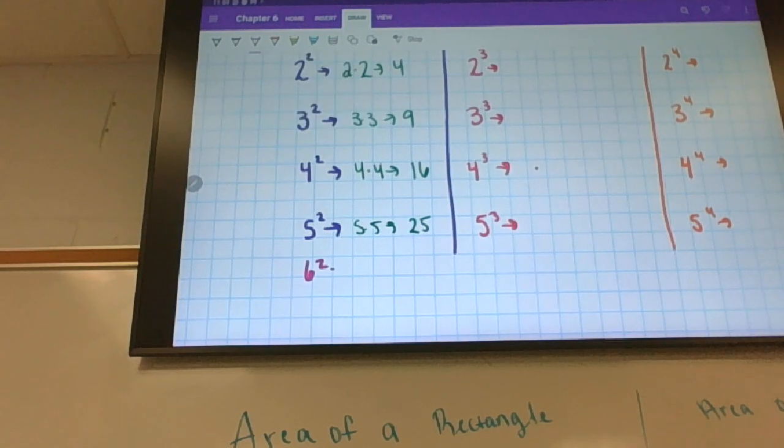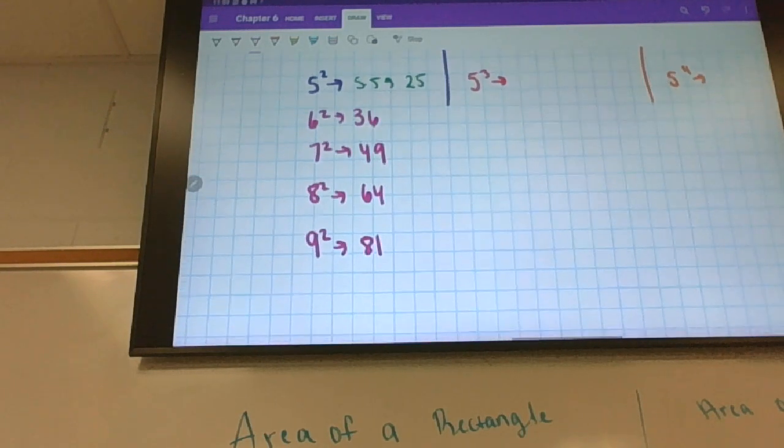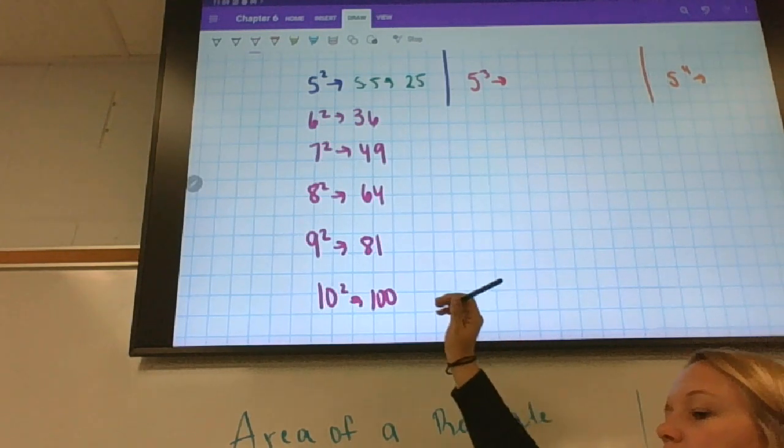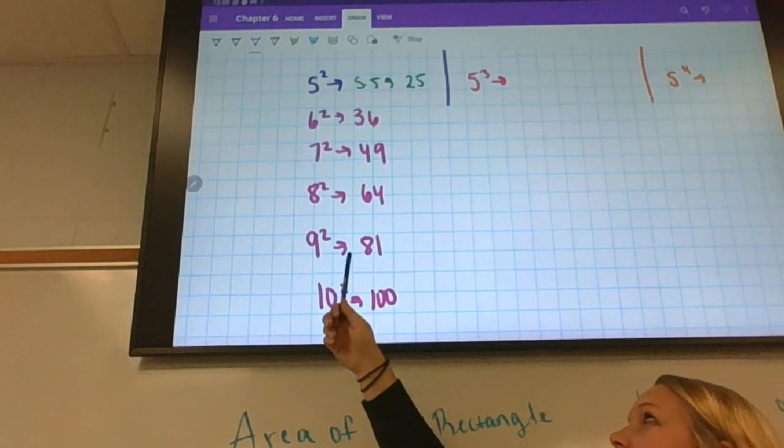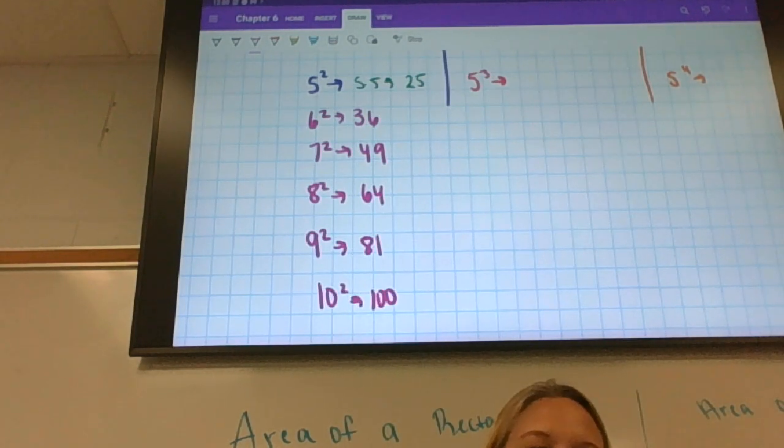Alright, 6 squared is 36. 7 squared is 49. 8 squared is 64. 9 squared is 81. 10 squared is 100. Okay. These numbers that we're quite familiar with, 36, 49, 64, 81, 100, those are all called perfect squares.